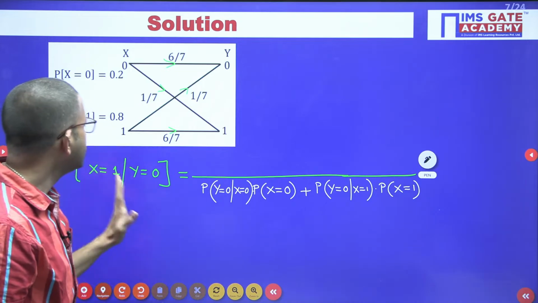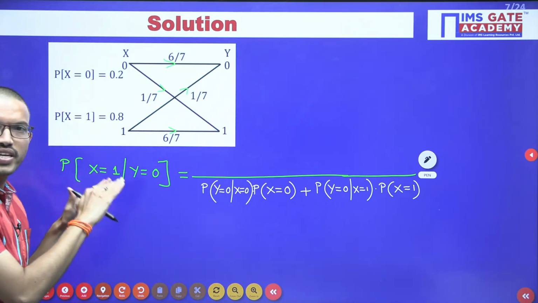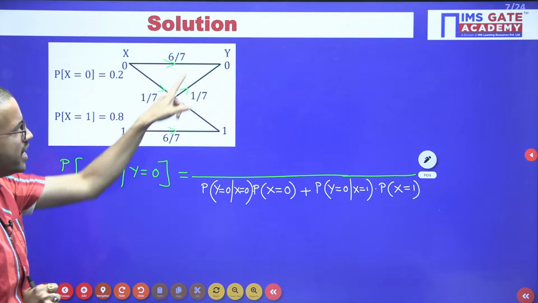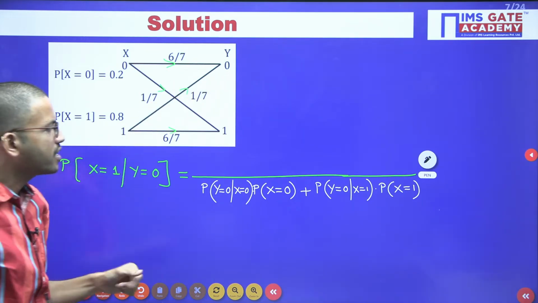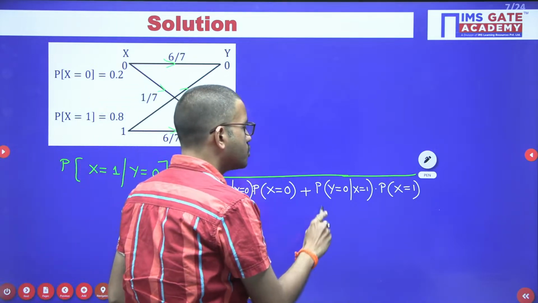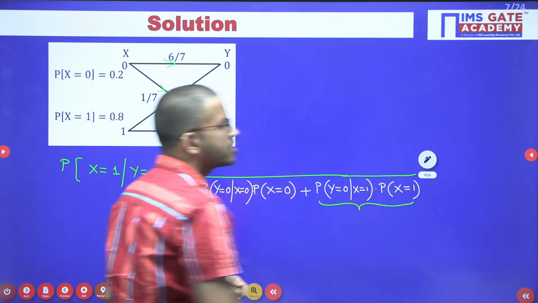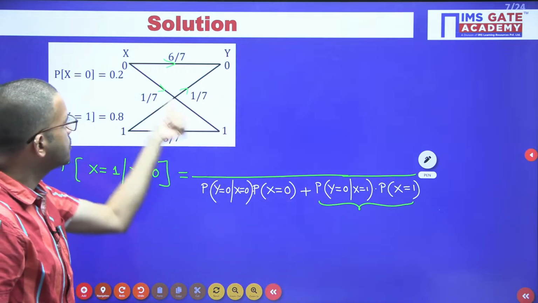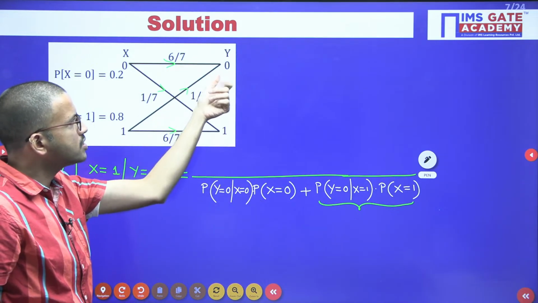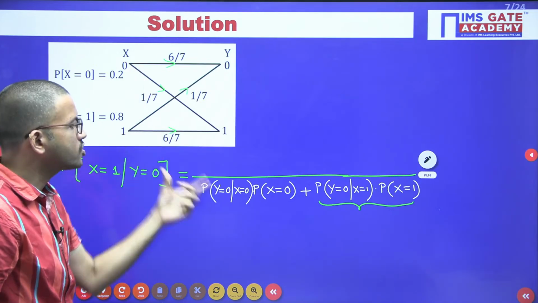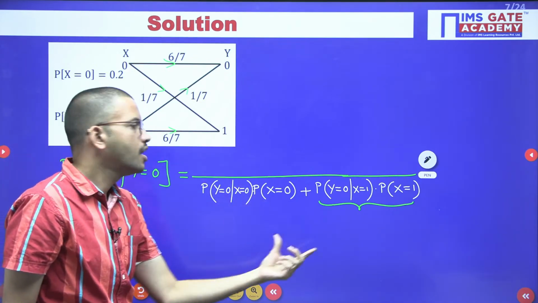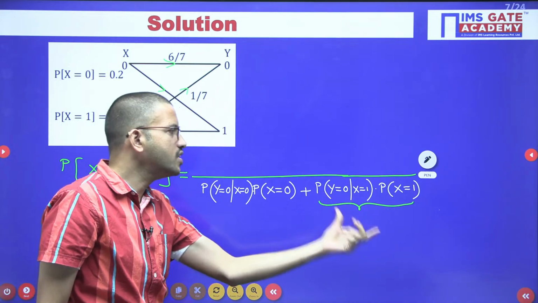Now here our requirement is: we are receiving bit value 0 because the transmitted bit is 1. Among these two we have to focus on this particular term. Suppose they had asked for the probability of the received bit 0 because of the input bit 0, then we would consider the other one. But in this question we have to consider this one in the numerator.